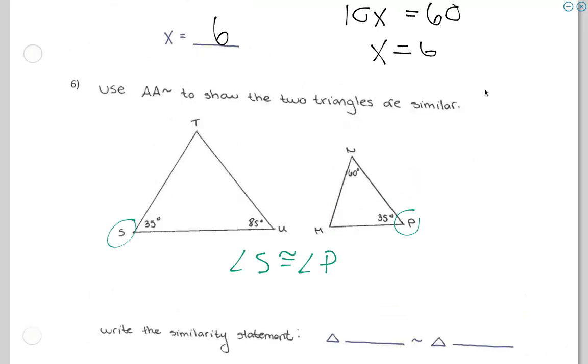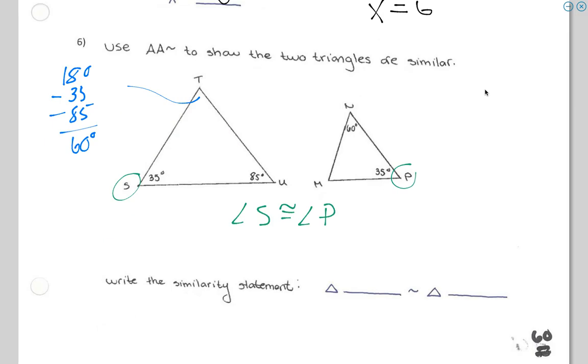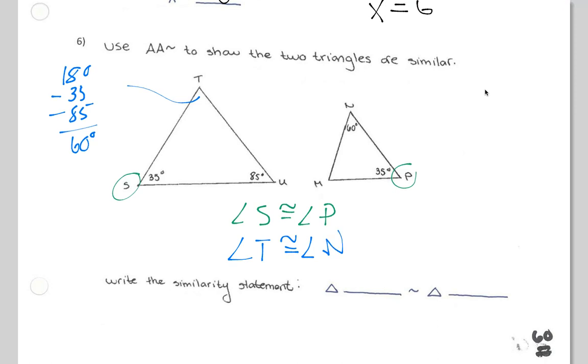I just like that I have more room to work up by T. So it is 60. That means that angle T is congruent to angle N. And that's enough to show angle similarity right there.